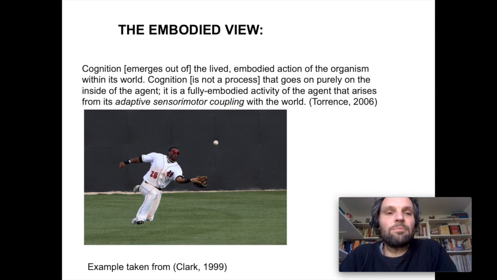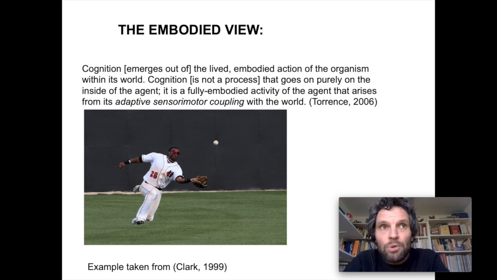Torrance says, for example, cognition emerges out of the lived embodied action of the organism within its world. So you have a living being, an animal, a human being, and that animal is already interacting with the world, already active, and then what we call thinking emerges out of it.